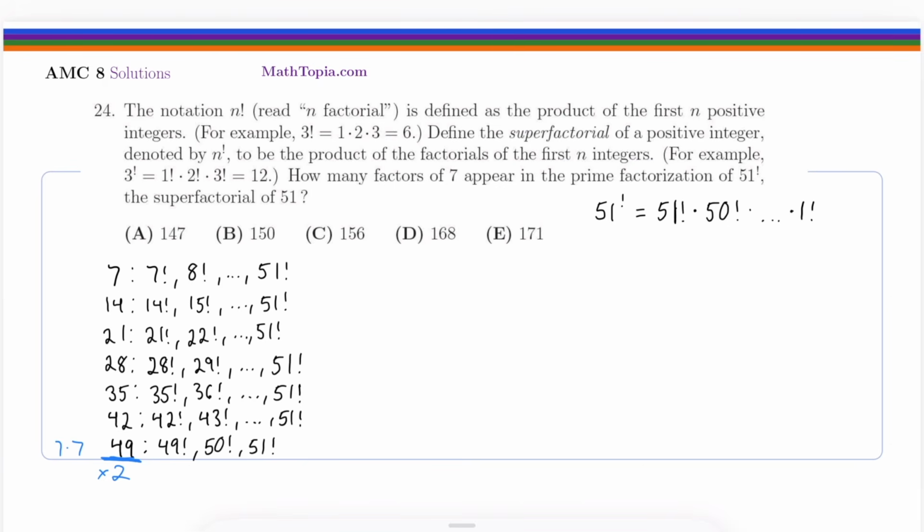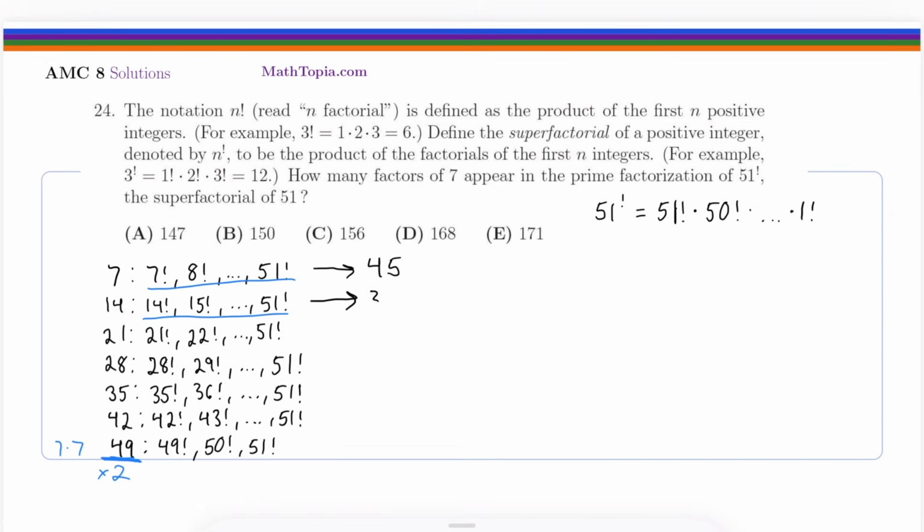Okay, so now that we have all of our 7s, we just need to add up all of the numbers in this list, or how long these lists are. So we know that in our first list, we're going to have 51 minus 6, or 45 numbers.